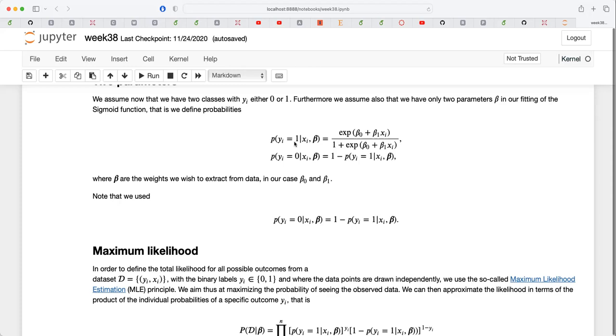So what we did then was to define these probabilities. We replaced standard linear regression, where we have a function f of x, a continuous function, with a probability. One of the simplest models for these probabilities is what's normally called the sigmoid or logistic regression function.